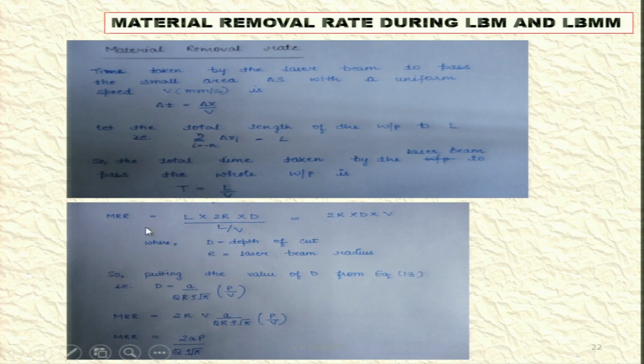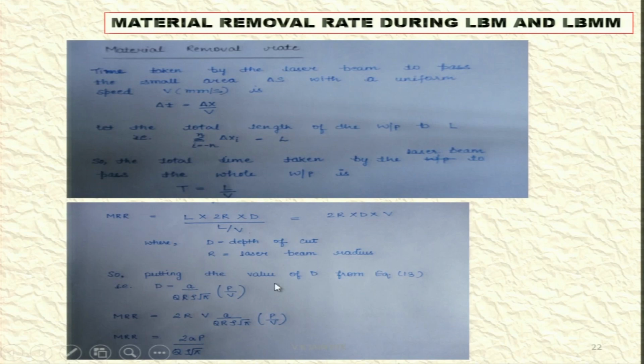Further, material removal rate is equal to L into 2R into D divided by L over V. So you get 2RDV, where D is the depth of cut and R is the laser beam radius.